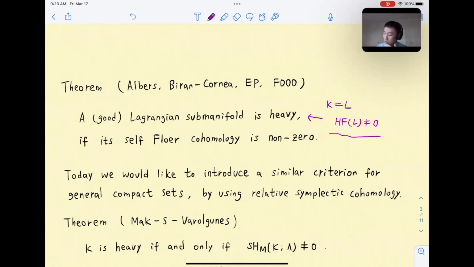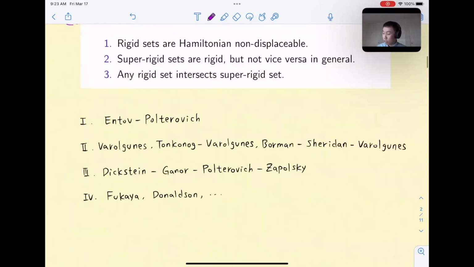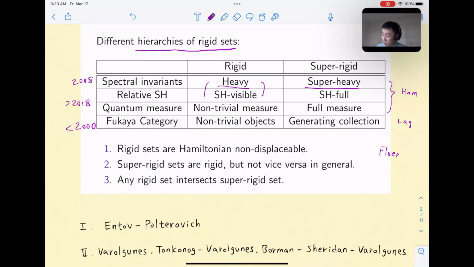I say it is good if its self-Lagrangian Floer homology is well defined. Then the theorem says if this Lagrangian Floer homology is non-zero, then it is a heavy set in the sense of Entov-Polterovich.